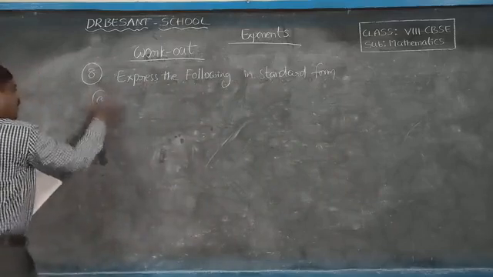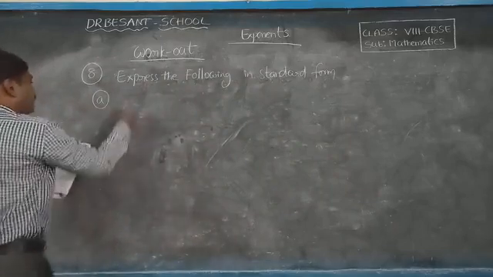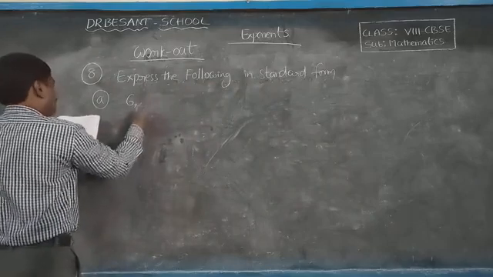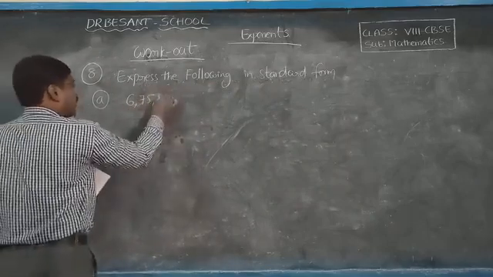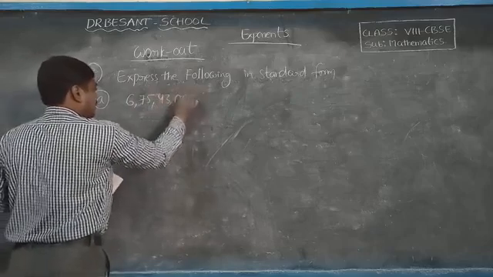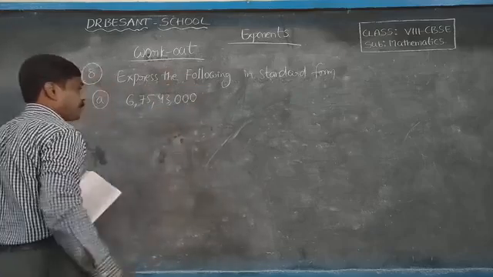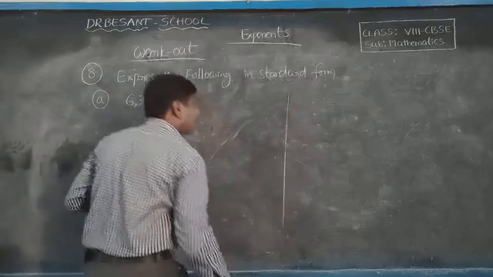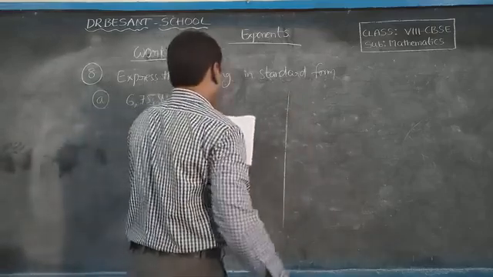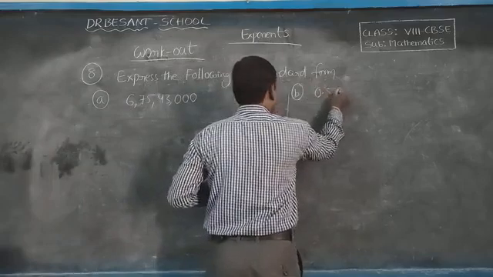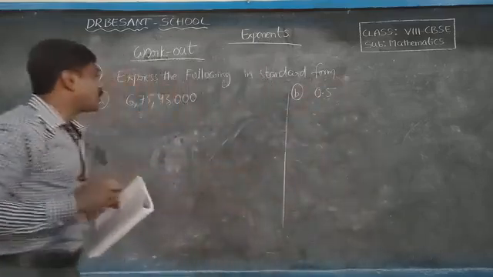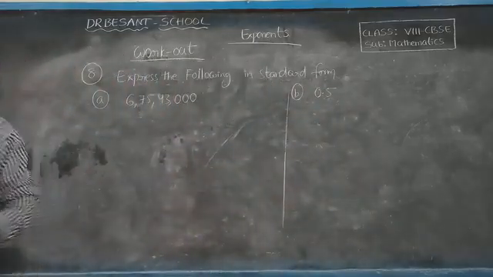A: 6 crore 75 lakhs 43,000. This is problem A. Problem B: 0.5. So both we have to convert into standard form.